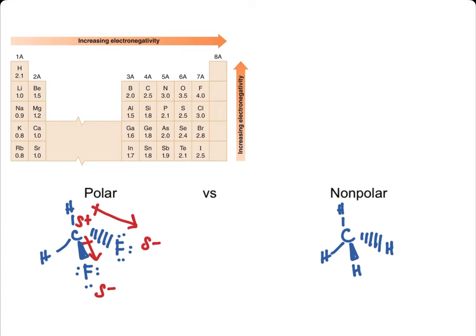So I have this fluorine tugging at the electrons, and I also have this fluorine tugging at the electrons. So if you can imagine that center atom is getting tugged towards the fluorine atoms. So this molecule is considered polar.